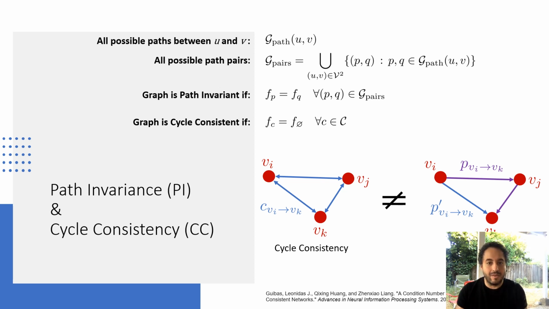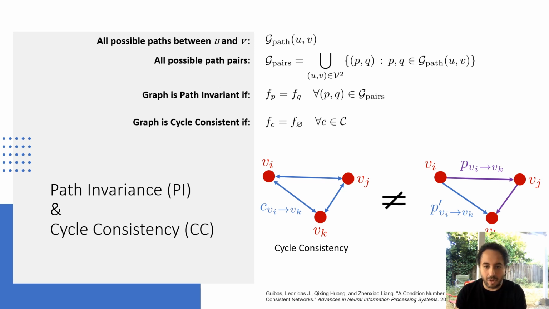And I will say it's cycle consistent if for any cycle that I take from the set of cycles in the graph, I end up at the null transformation, so I end up at the identity map. So the difference is the following: in this graph, there are cycles. There's basically one cycle going like that.